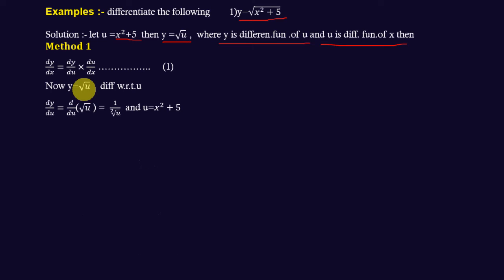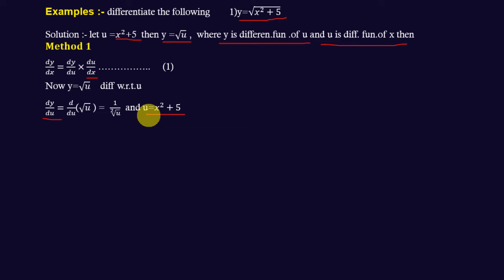Similarly, the derivative of root u is 1 upon 2 root u, where u is x square plus 5. This is the value of dy by du, 1 upon 2 root u.